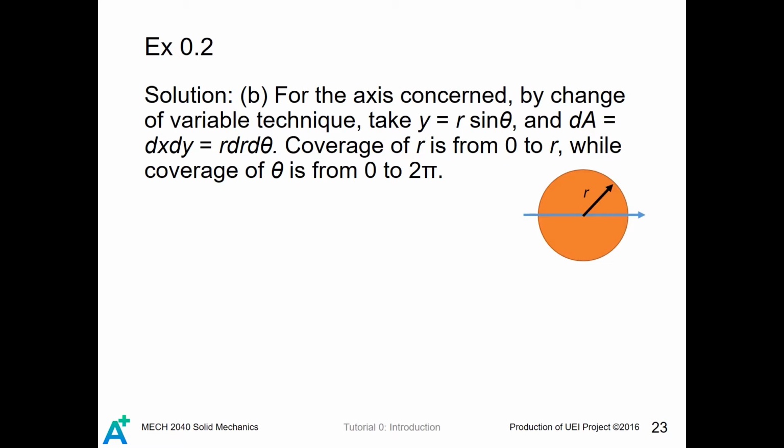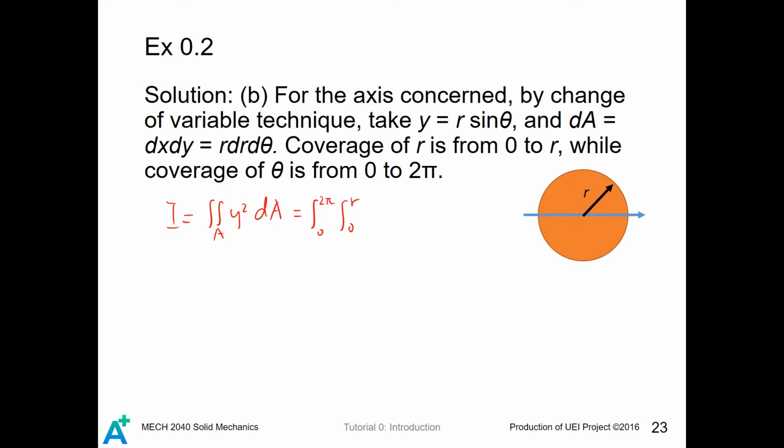So we know that the moment of inertia equals the double integral over the entire area of y squared for every differential area element. We know that the lower limit for theta would be 0 and the upper would be 2 pi. And for r, it is from 0 to r. But what is y?